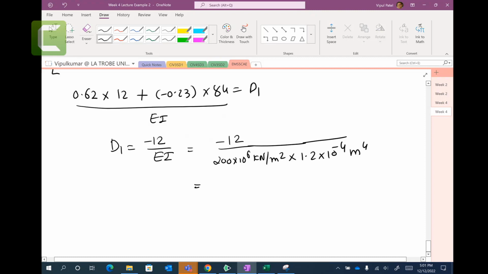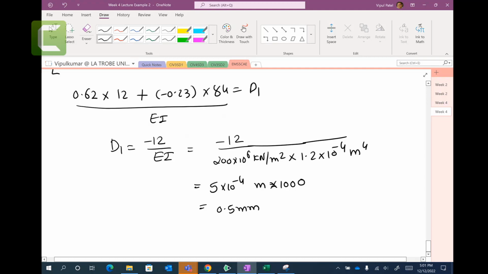So 12 divided by 200 times 10 to the power 6 times 1.2 times 10 to the power minus 4. You get 5 times 10 raised to minus 4 meters. If you just multiply by thousand, you get 0.5 millimeters.